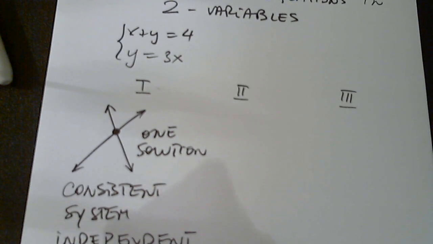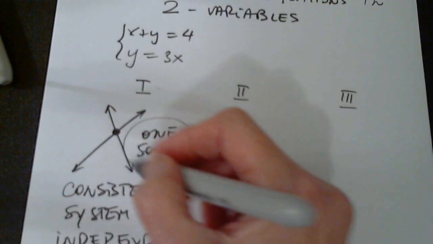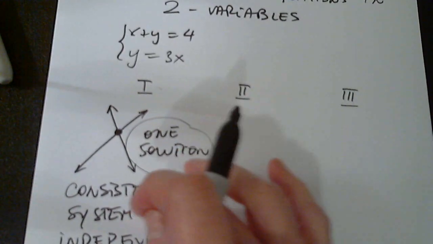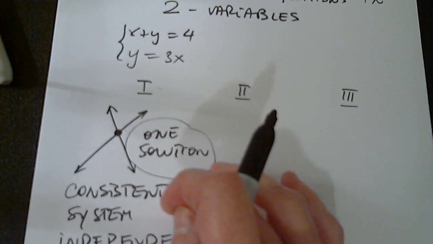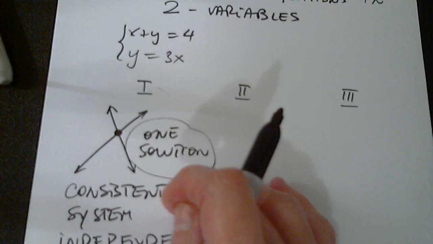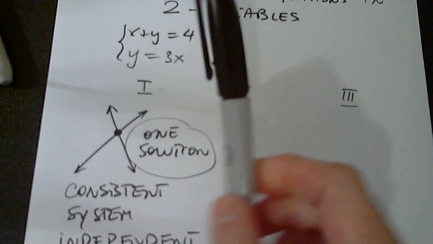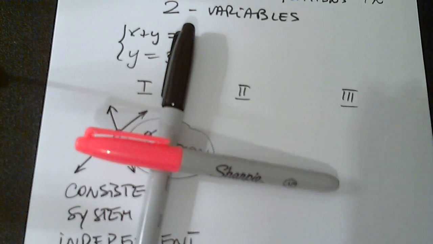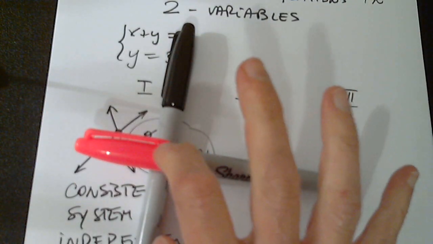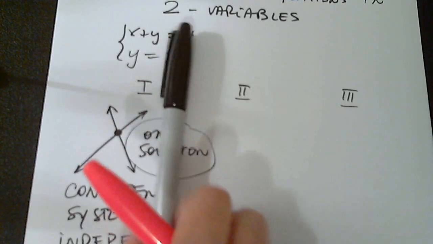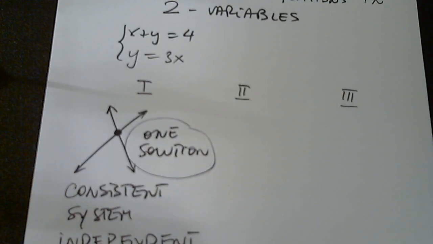Independent equations. And there is one solution. If the system has solutions, one or more, the system is called consistent. Just imagine two roads, Ritchie Highway and College Parkway, right? There is only one solution. They only cross once. That's exactly the situation.